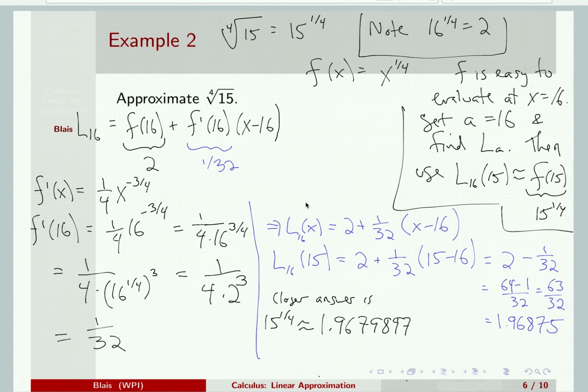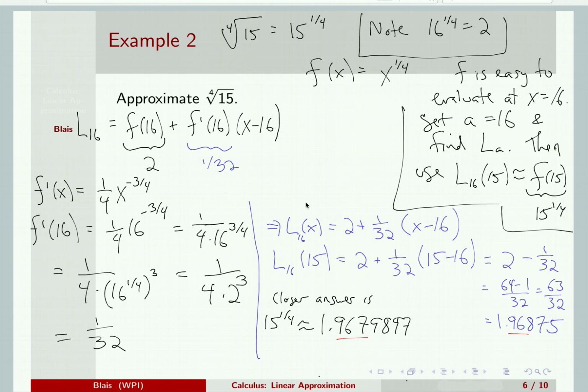And you'll notice here we match actually to the first 3 digits if you were to round this up. So we did a pretty good job of approximating this. Our approximation was quite close.